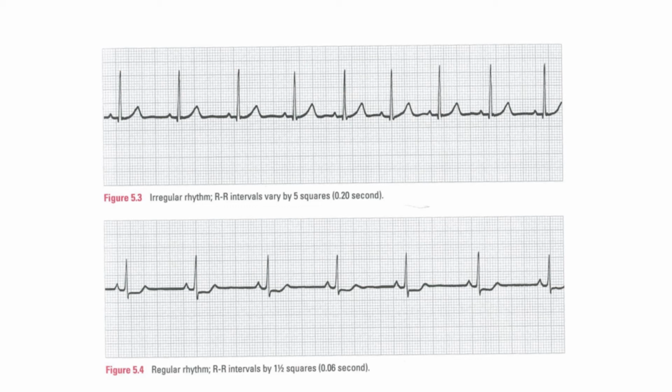And the bottom one, if you're doing your R to Rs, there is a slight variation of 1.5 boxes between one of these sets of R to Rs. What that means is that it's still a regular rhythm because it's less than 3 boxes. So we would consider this rhythm as regular.